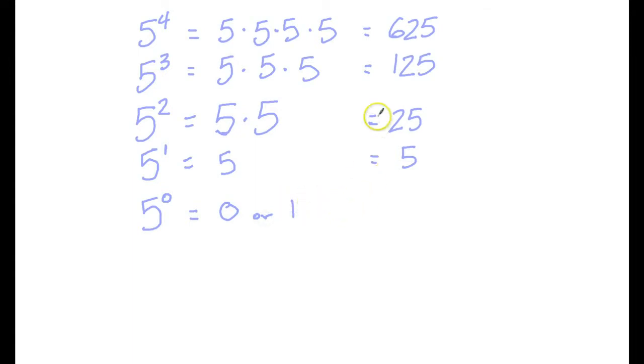Now, looking at these numbers and what happens to them, I want you to pause the video again and see if you can come up with a pattern. See if you can justify or convince the people around you as to whether it's 0 or 1. Take 1 minute. Pause the video now.